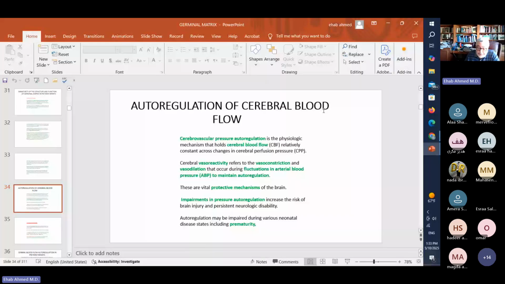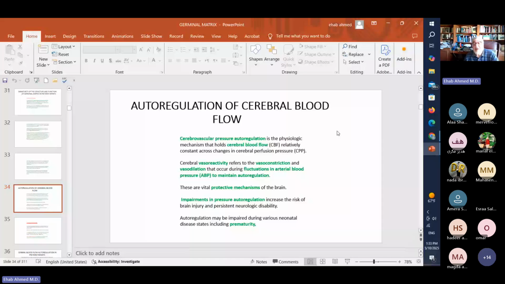Normally in adults or in term babies, and to a lesser extent in preterm babies, and the more immature the baby is, the more the autoregulation immaturity is. When there is fluctuation in the blood pressure, the cerebral flow is maintained by autoregulatory mechanisms.